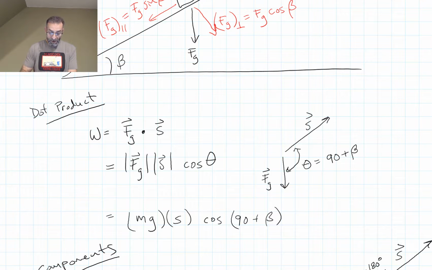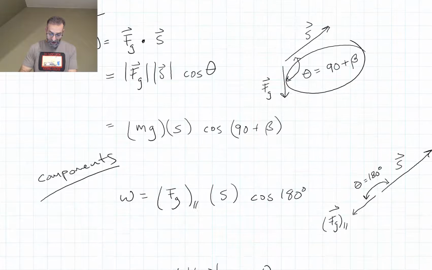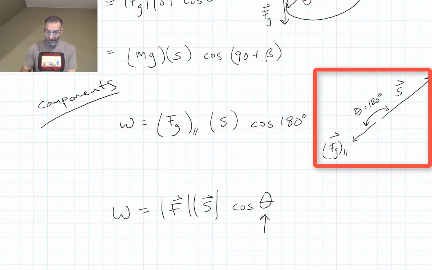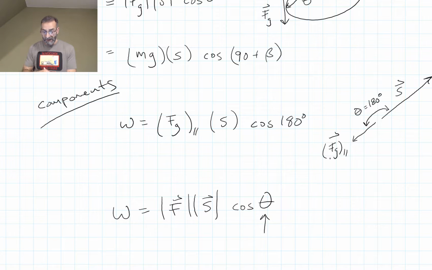So as we saw with our friction, theta was equal to 90 plus the angle of the incline. With friction, it was 180 degrees. It didn't matter that the object was on an inclined plane. The force was opposite the displacement. And the work done does not depend at all on your choice of coordinate system.